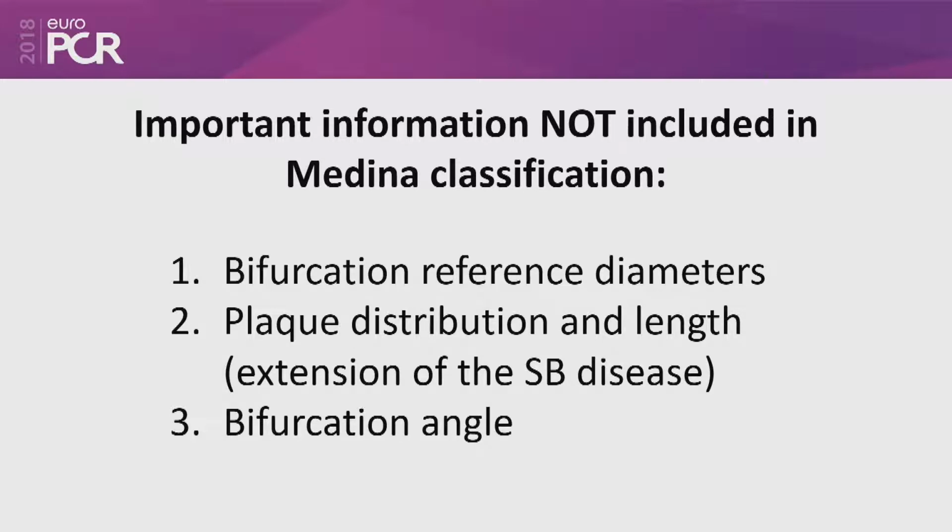The plaque distribution will tell us how to treat and what to look at while treating the bifurcation, anticipating what will happen after predilatation or stenting. And the third point is bifurcation angle. It's actually important for many reasons. It is important for several steps in the bifurcation process as we will have the opportunity to see.